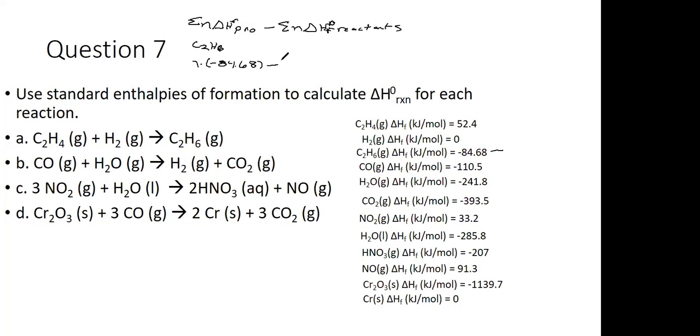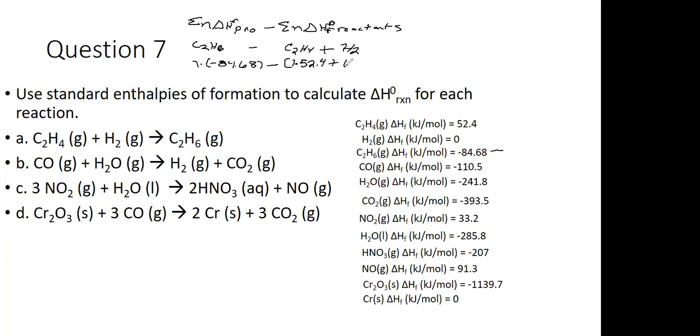Now we have multiple reactants, so we do have to add those together. Let's start with C2H4. I only have 1 mole of that, so it's going to be 1 multiplied by my delta H of formation for C2H4, which is 52.4, plus my other reactant H2.